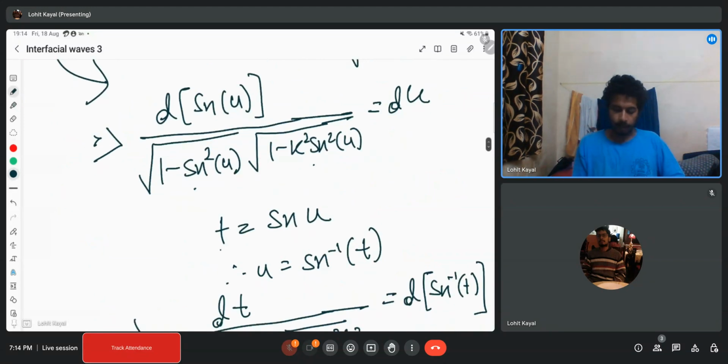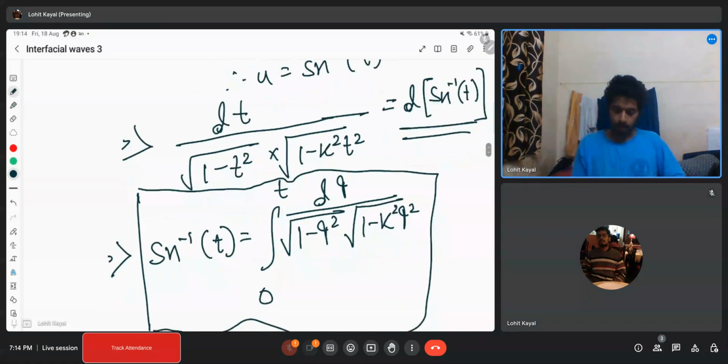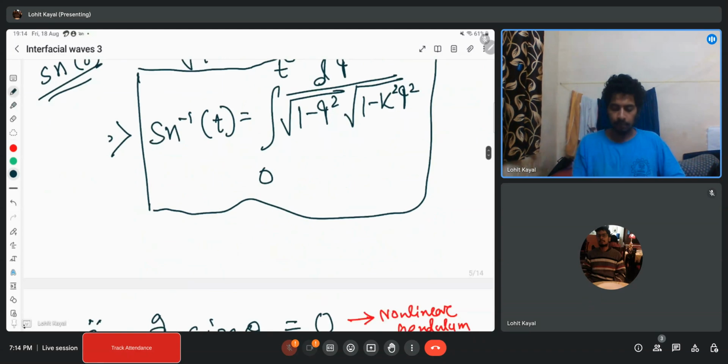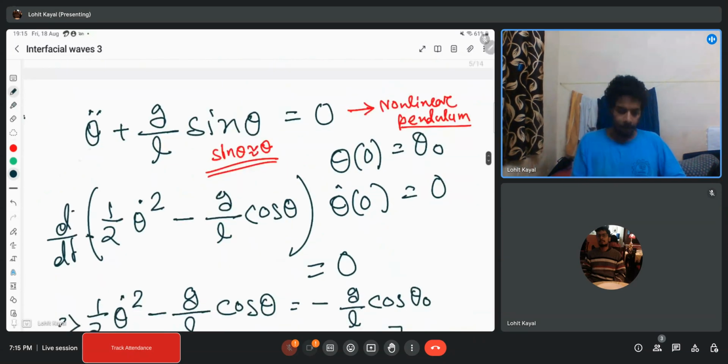You can define t as sn(u), a dummy variable, and substitute it. So your u will be sn inverse of t. Finally your result will be something like this, and using this you can find the inverse of sn. Similarly, you can find the inverse of cn and the inverse of dn. Now we will use this idea to find a solution of this problem. Okay, so let's do that.